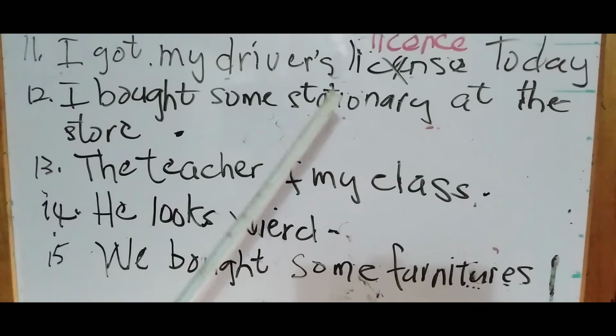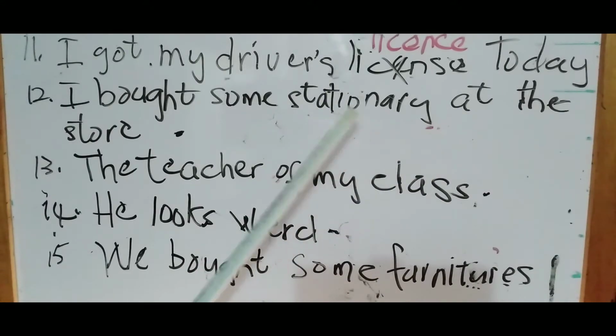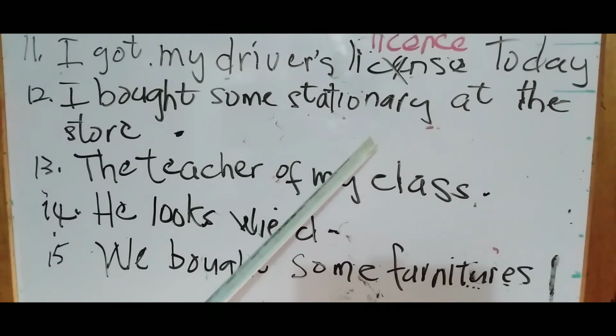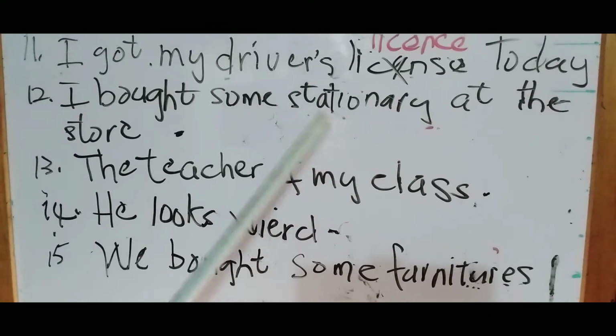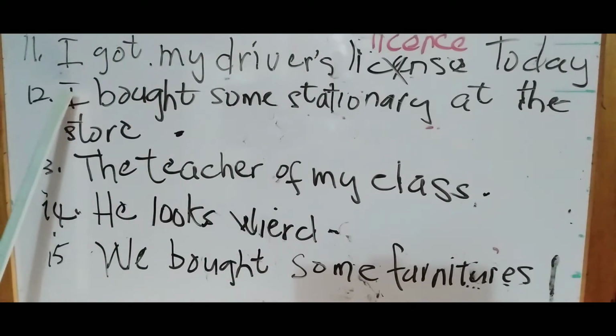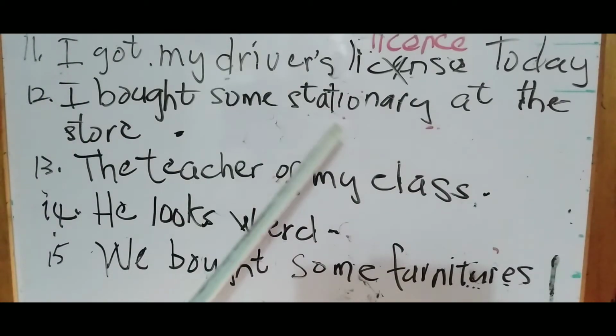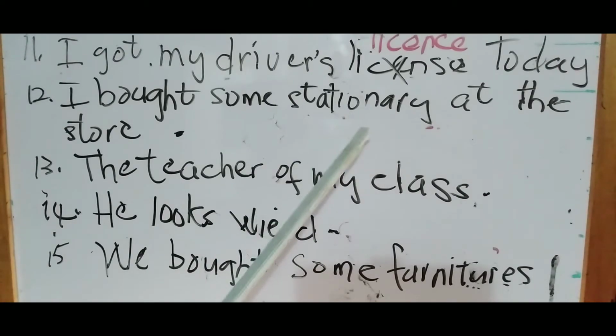Alright? But the stationery that you buy at the store, like your office supplies, like your pens, your papers, your markers, and ink and stuff like those, that is spelled STATIONERY. So based on how the sentence is structured here, I bought some stationery at the store, it will suggest that you are talking about STATIONERY, not the one that does move.